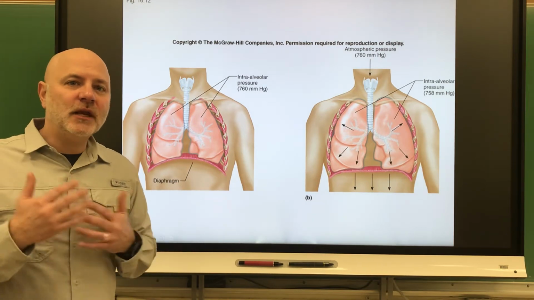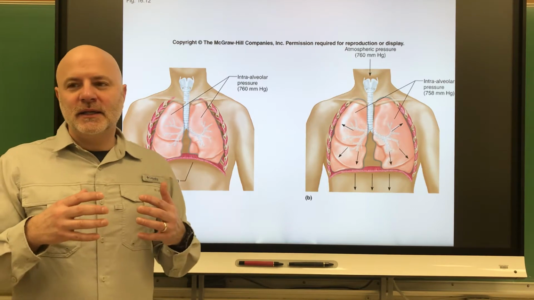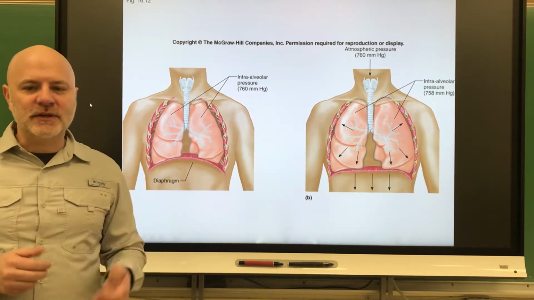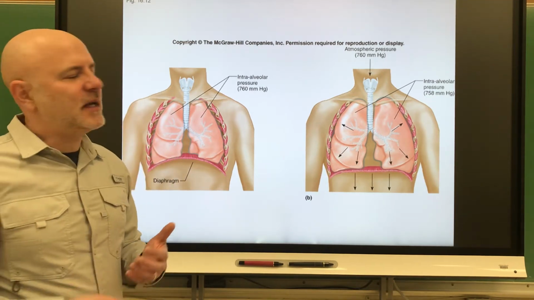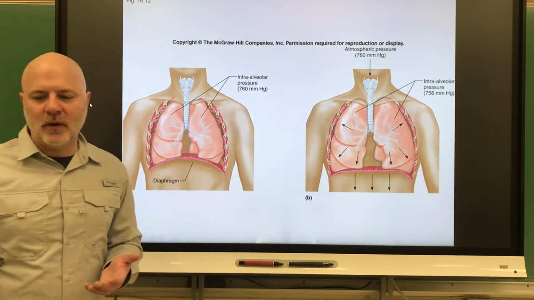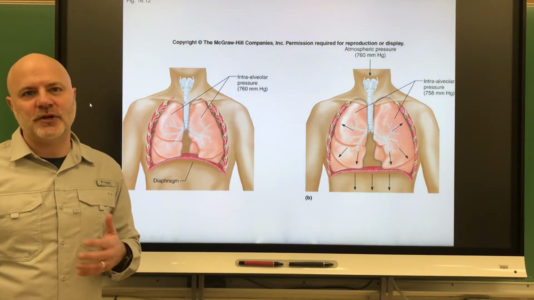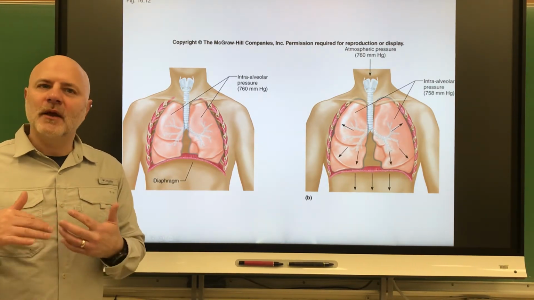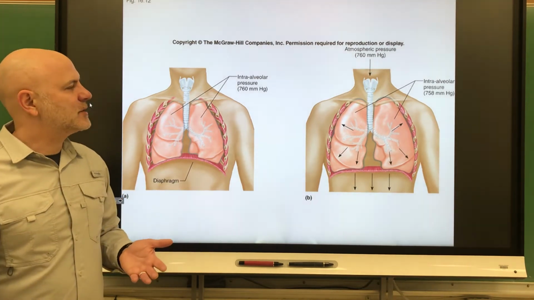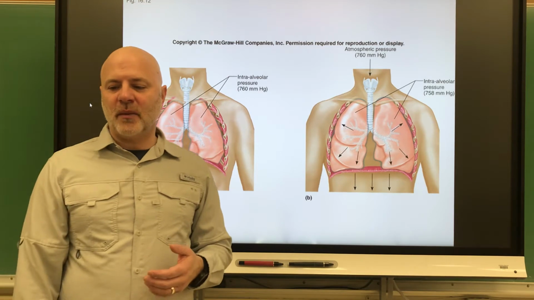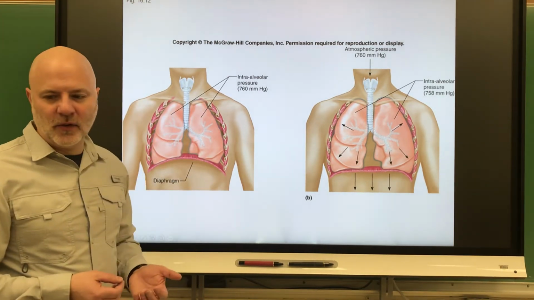So if we decrease the volume, we're going to increase the pressure. All right? And also what we should know is that gases are going to move from a higher pressure to a lower pressure. So if there's an opening, gases will move in that direction. The other pressure that we're concerned with is what is known as intrapulmonary pressure. And this is the air pressure that's within the lungs, or the alveoli.